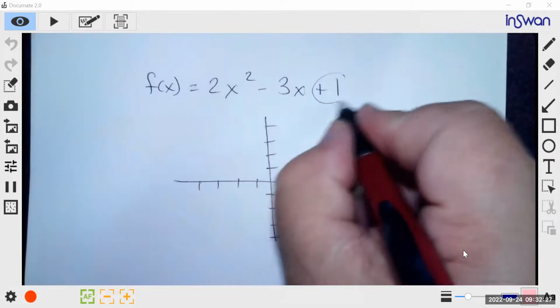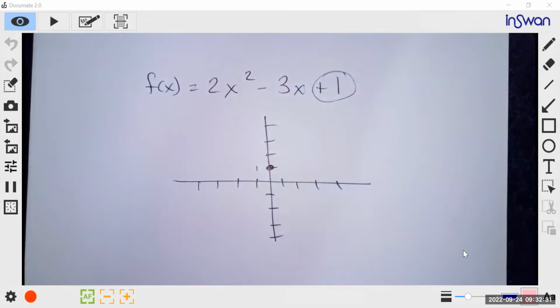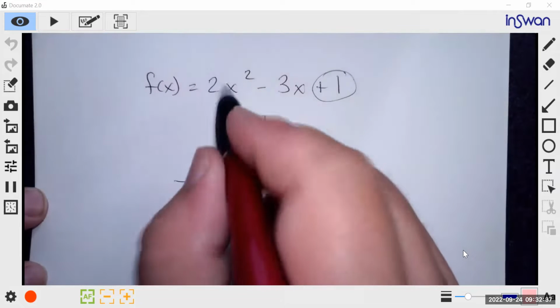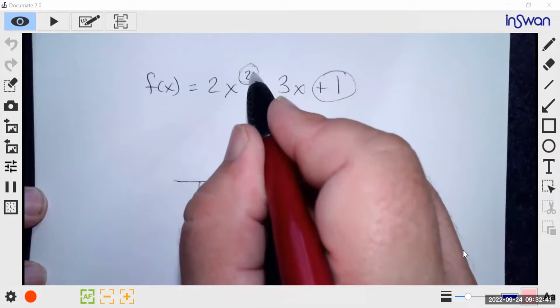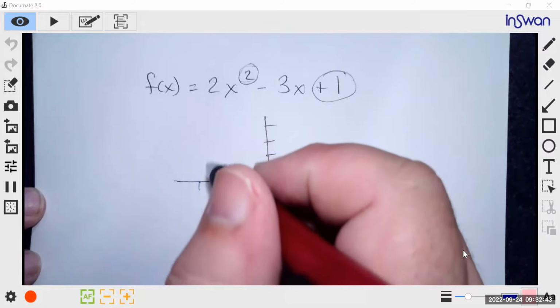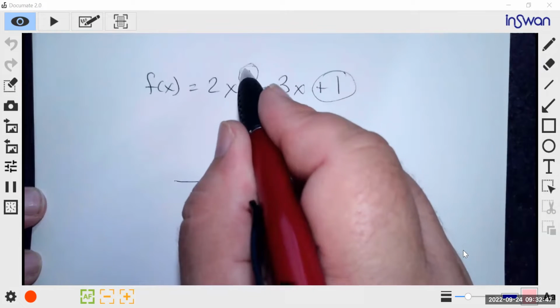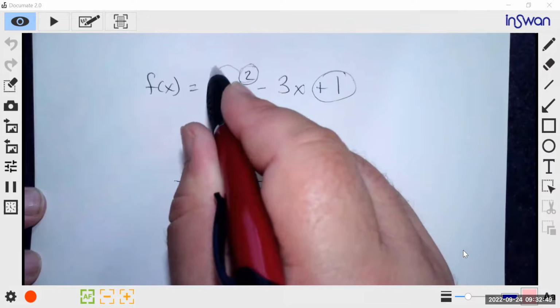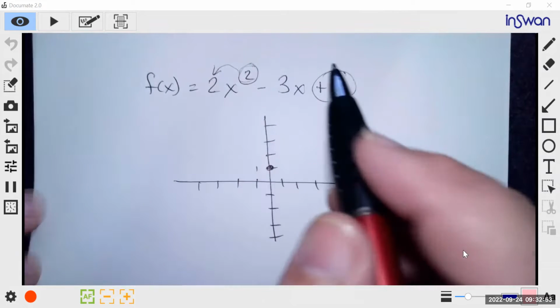We know it crosses the y-axis at 1. Since it's an even degree, both ends point the same direction. Up. Why are they up? Because this number here is positive. It's greater than 0.